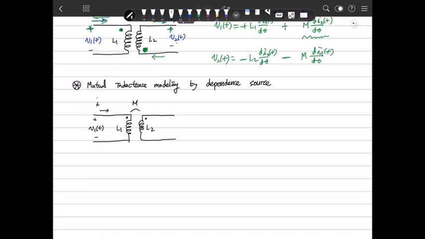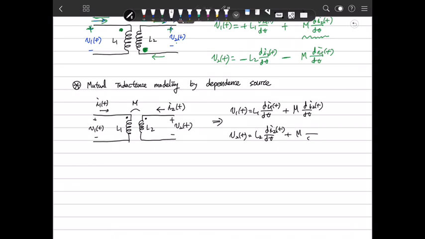V1(t), and the direction of current is I1(t). And I define the voltage as V2(t), and the direction of current is in this way, I2(t). Therefore, from that, we get equations of voltage and current. V1(t) is L1 d/dt I1(t) plus M d/dt I2(t), and V2(t) is L2 d/dt I2(t) plus M d/dt I1(t).